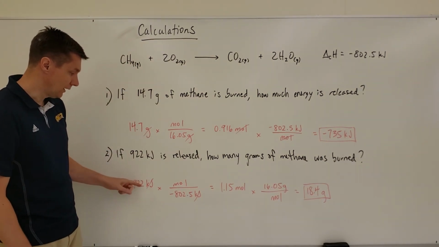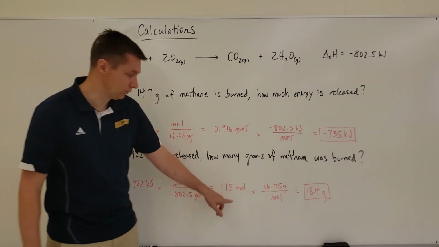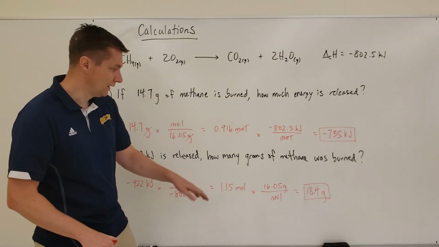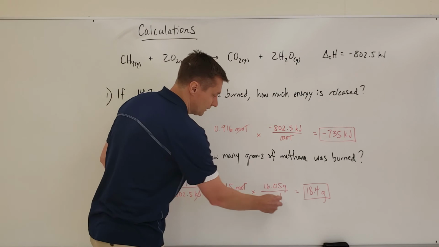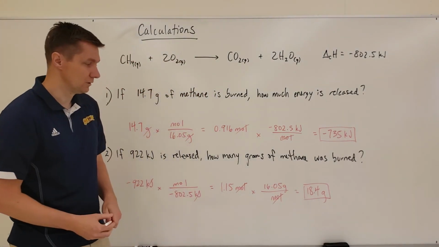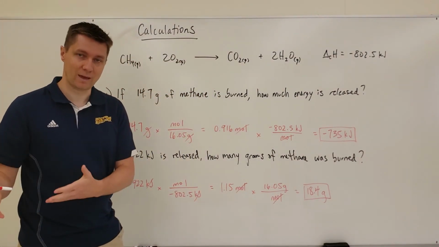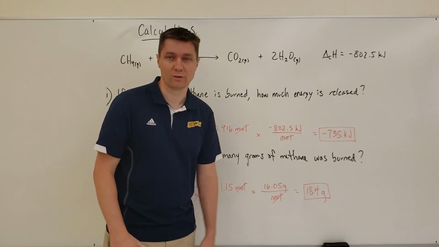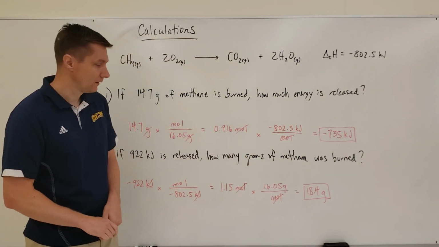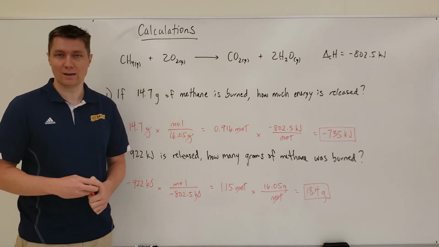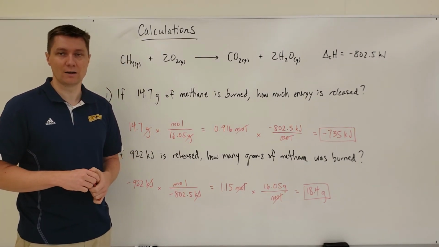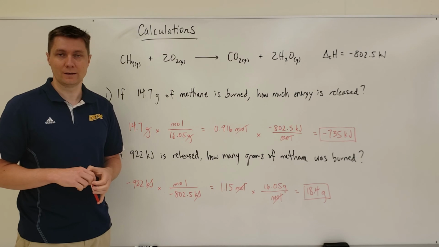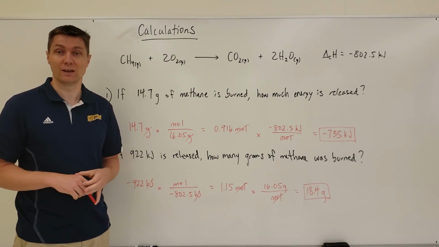Then I do the math and I end up with 1.15 moles. Canceling out the units again, using the molar mass, I can convert the moles of methane into the mass of methane, and I get my answer of 18.4 grams. And so these are calculations that you will need to know how to do when you are doing questions that relate to potential energy changes.